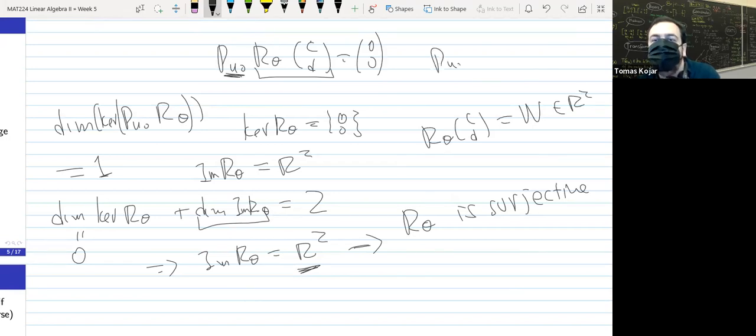So P U0 W acts on an arbitrary W. If you ask for W to be in the kernel of P U0, you can always invert all these arrows.